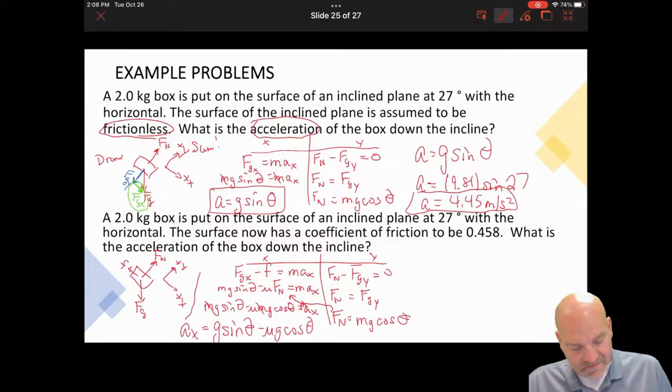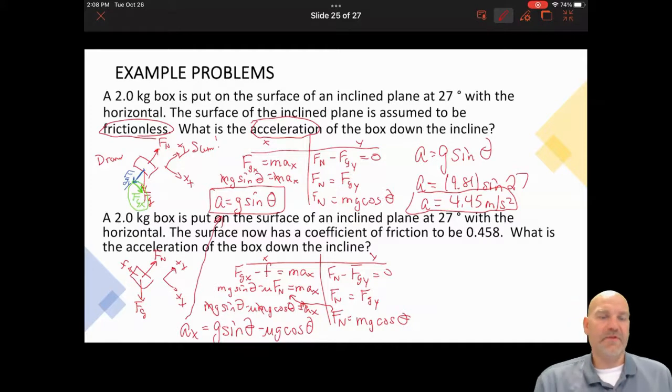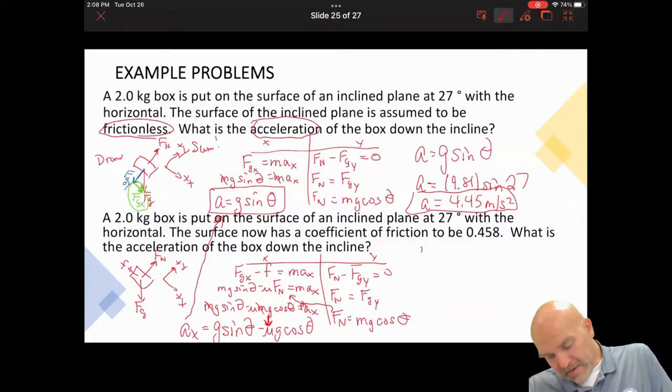So if you look at that first half of the equation, it's basically what we ended up with in the previous question. Okay, if there's no friction, frictionless surface, mu is 0. So that whole term would go away, and that's how you end up with a equals g sine theta.